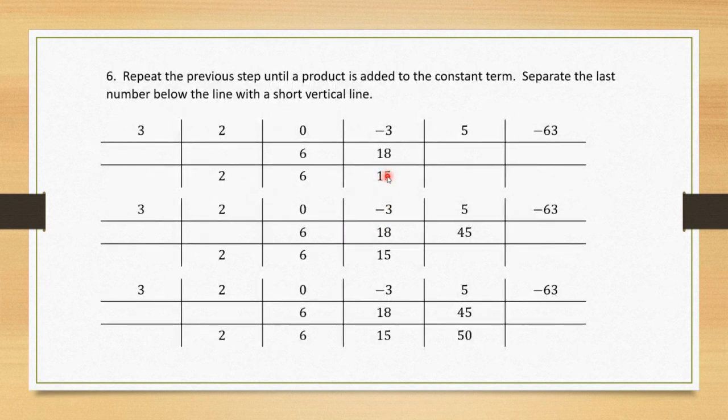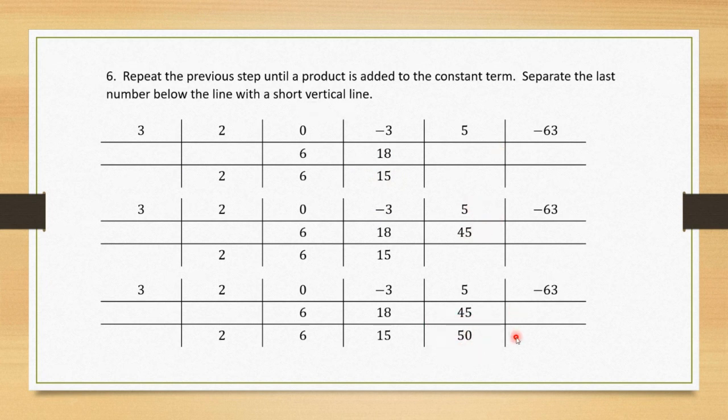And now the 15, we do the same thing. We have 3 times 15. That product is 45. That goes up here. And now that sum, which is 50, goes down here.